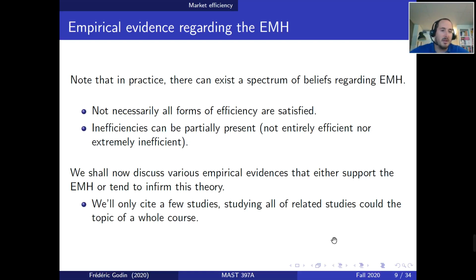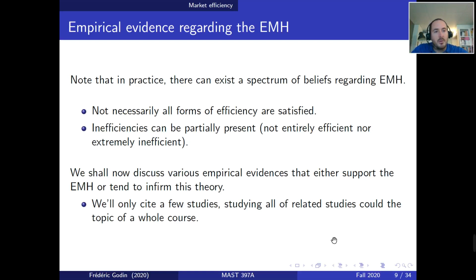It might be the case that some market is weakly efficient but not strongly efficient. Also, inefficiency is not a 0-1 binary type of behavior. It can be mildly efficient, very efficient, extremely inefficient, etc. So it's more a spectrum of efficiency rather than simply being efficient or not being efficient.